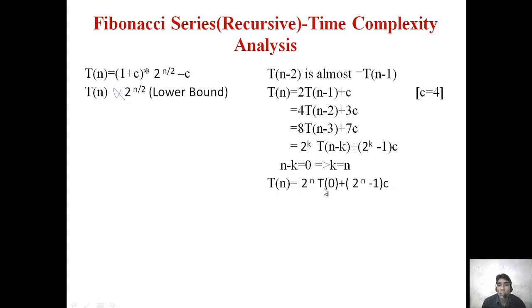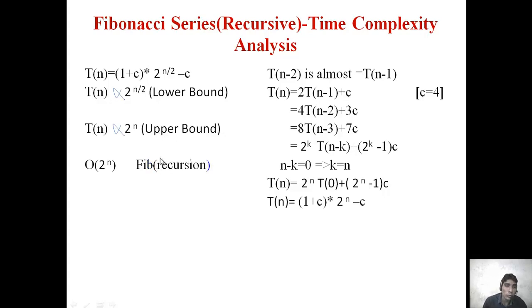T of 0 equals 1, and multiplying c in this bracket, the value of T of n is 1 plus c into 2 to the power n minus c. Now T of n is directly proportional to 2 to the power n, and it is the upper bound approximation.